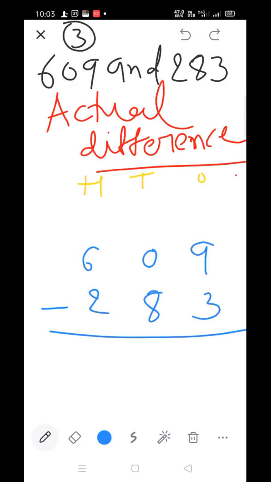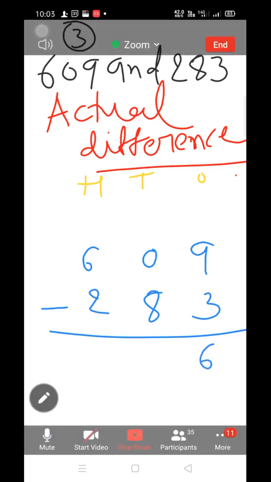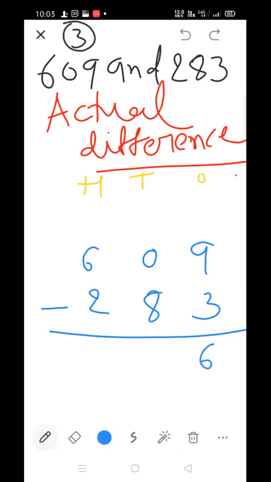Start the subtraction from ones place. 9 minus 3, 6. Now 0 minus 8, we cannot subtract, so we have to take a borrow from the previous one. 0 as it is gives a 1 borrow, 10 minus 8, 2. 5 minus 2, 3. 326. Answer is 326.